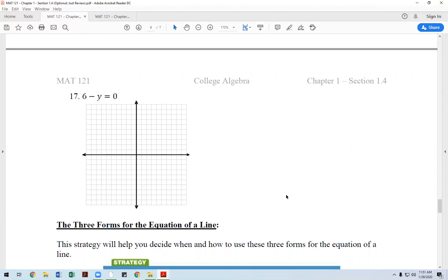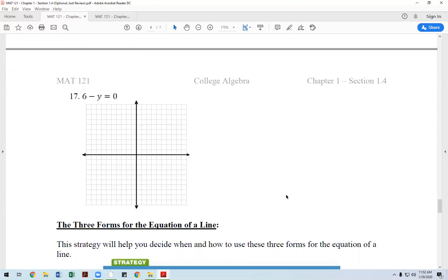Y by itself. Okay, subtract 6, okay? Negative y equals negative 6. Then divide by negative 1, which will end up giving us y equals positive 6.